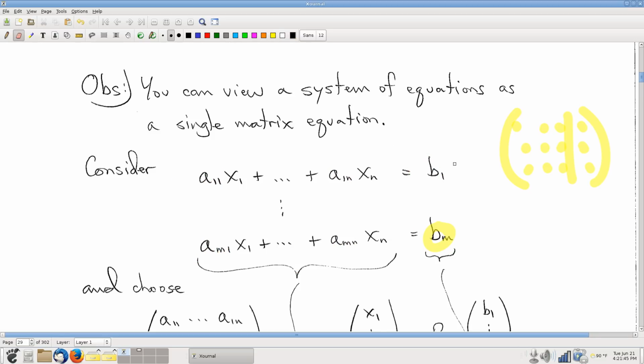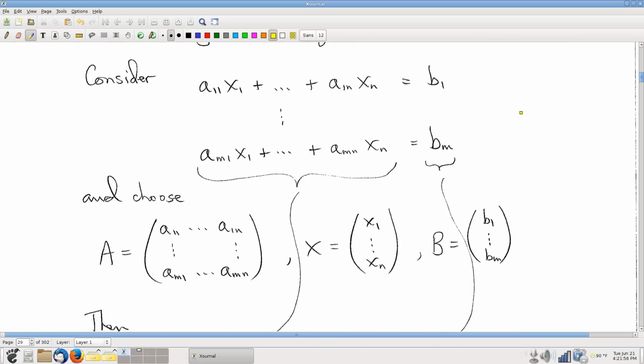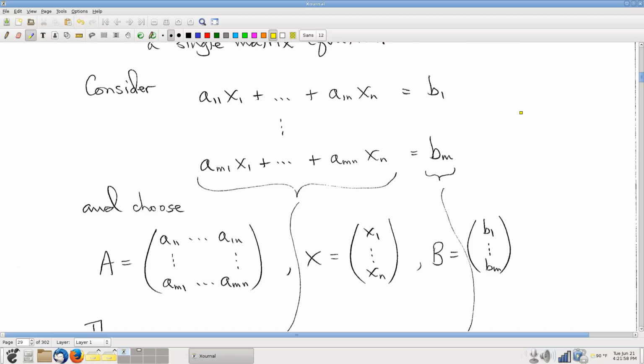All right, so what I'm about to show you is another way to use matrices to represent a system of equations as a kind of shorthand. And it's based on matrix multiplication. So again, I'm going to take the same coefficient matrix that we did previously. Call that A, just as we did in the previous section.